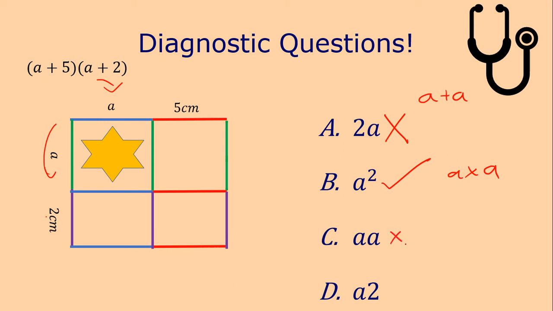C is another common mistake because a is actually the same as a squared, isn't it? It's just bad form. It's just not a good way of writing it. You don't write a, you write a squared. Okay, so I'd say that's an example of bad form. It's not technically wrong, but it's just not how we actually go about writing it.